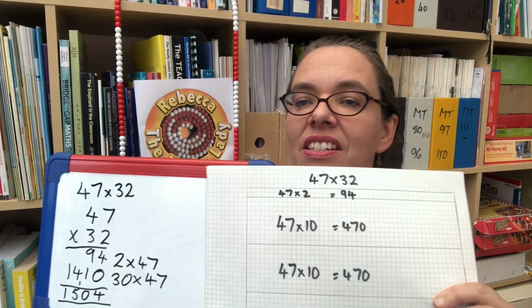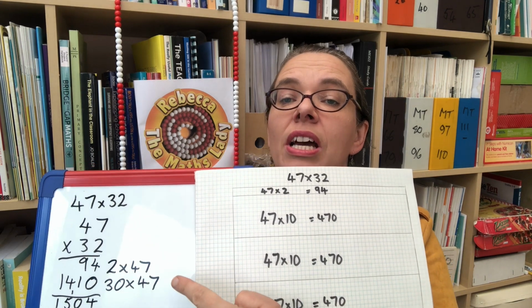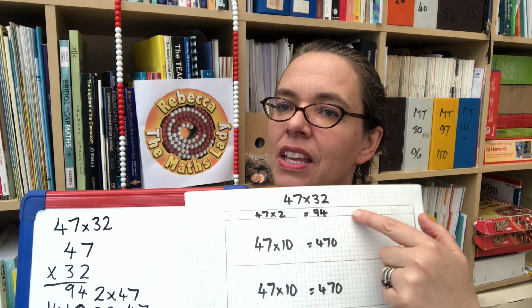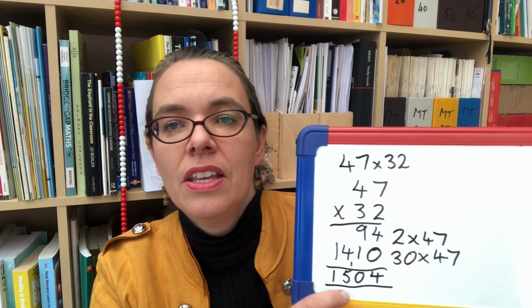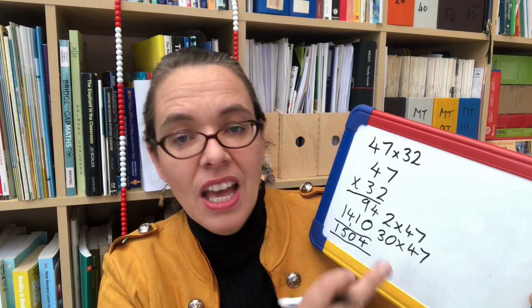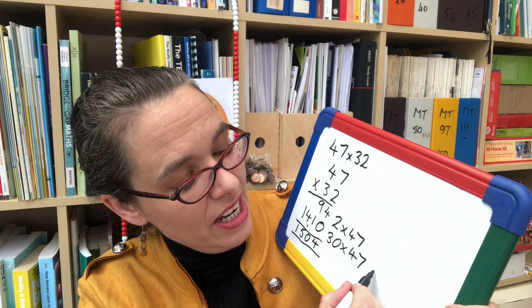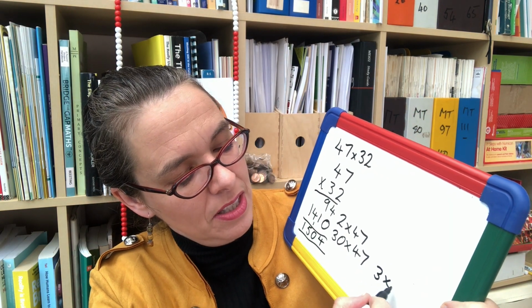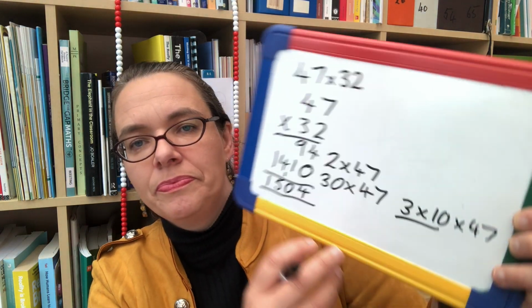Now let's compare that to the formal written method we used before. I would start to introduce this method at this stage. Obviously the 94, 2 times 47 is just here. But the 30 times 47 here, we're just tuning into a little bit more detail in this method and stopping to notice that 30 times 47 is really 3 times 10 times 47, because that's 30.